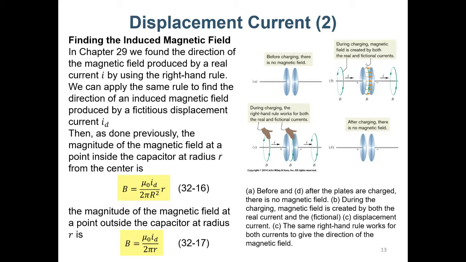If this current is constantly increasing, then the B field will be constant because it is the derivative of the electric flux. But if it is not constantly increasing, then it's not easy to describe.